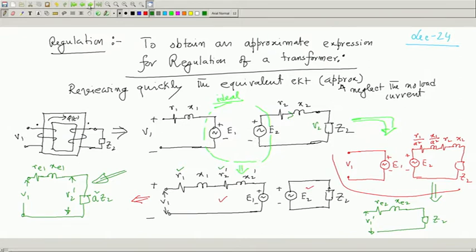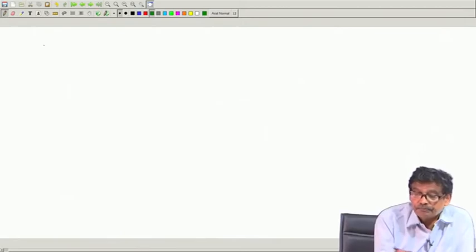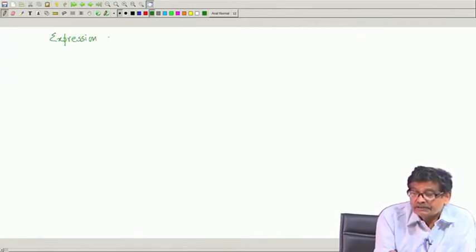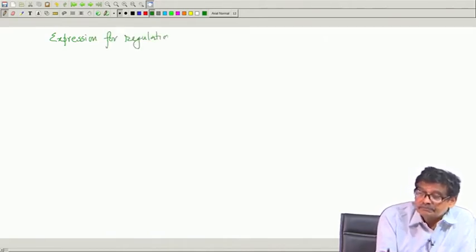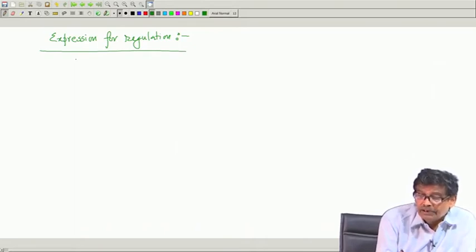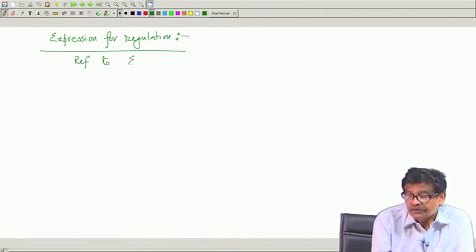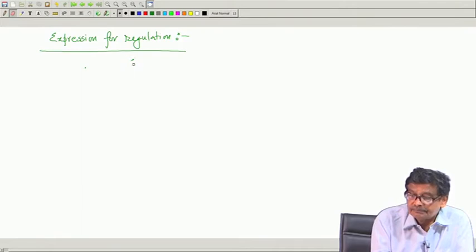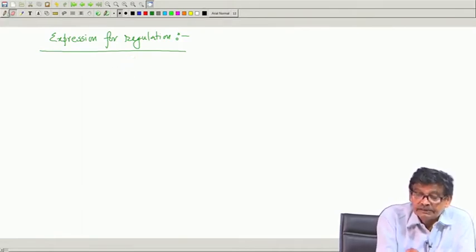So, now coming to the expression for regulation. I will refer to the equivalent circuit, referred to primary side, is this one.